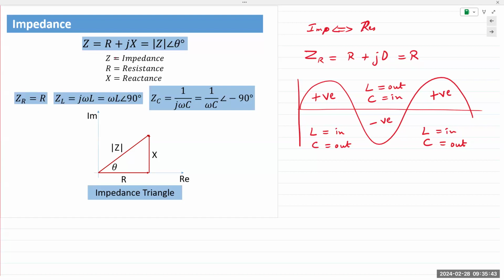Because all of these are opposition to something, the units for all three are the same. The symbols for all three are also the same.